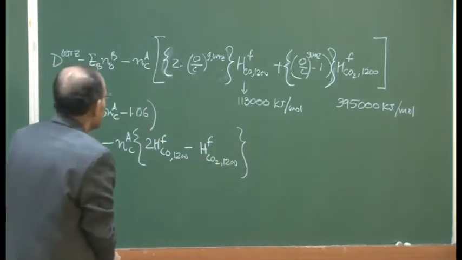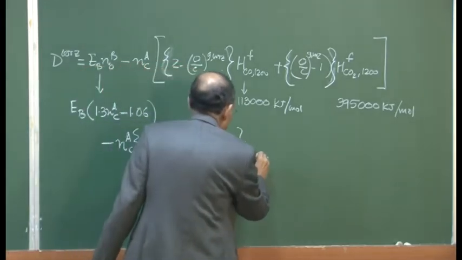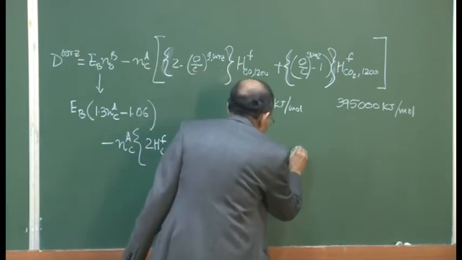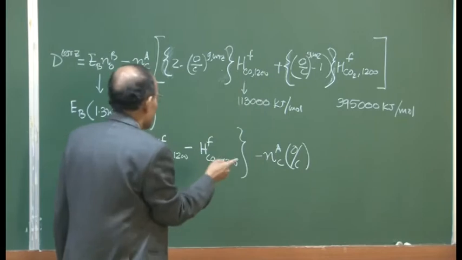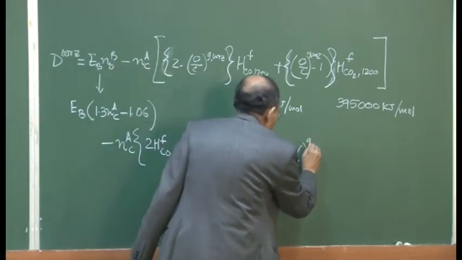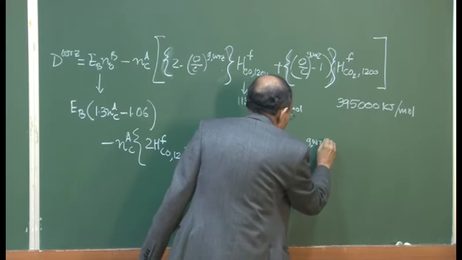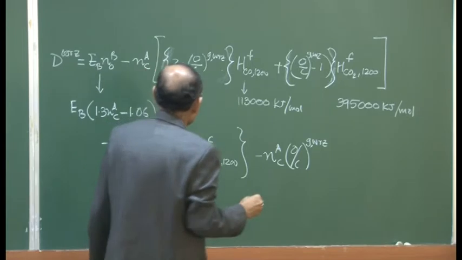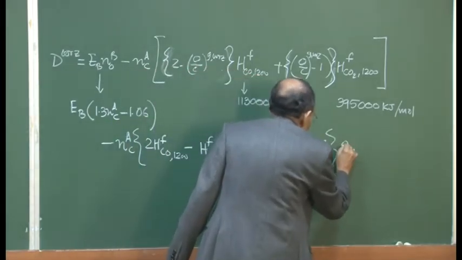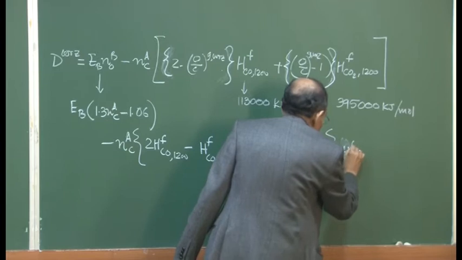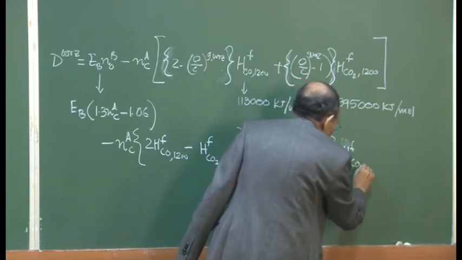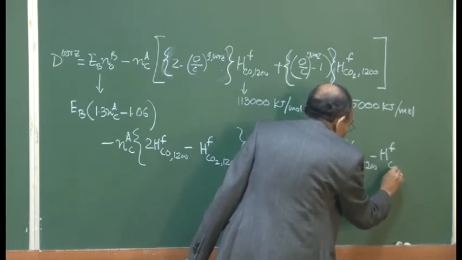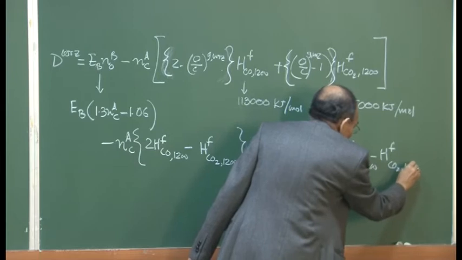The other term is going to be, if you take the NaC common, and NaC again make it negative, and then we take also the O by C. We are not substituting it, we will substitute O by C, gaseous state reduction zone, later on. And then what we are going to see here is nothing but O by C times the heat of formation of carbon monoxide minus heat of formation of carbon dioxide at 1200.